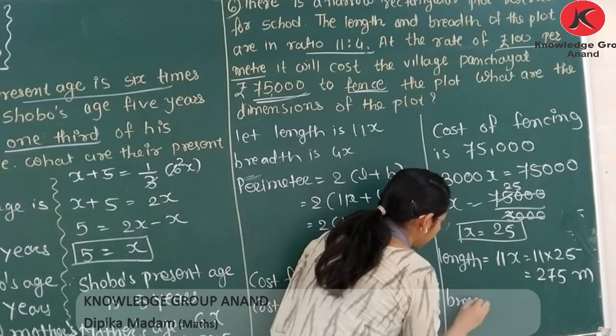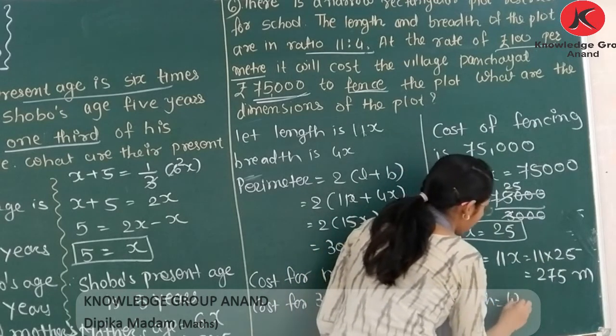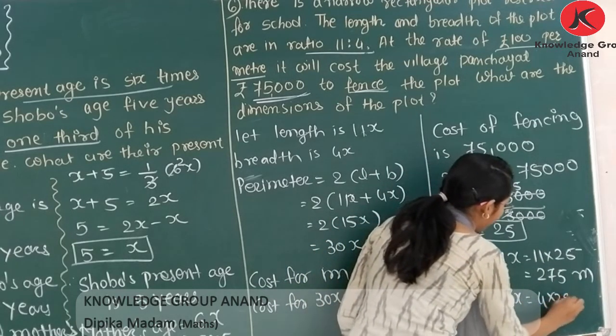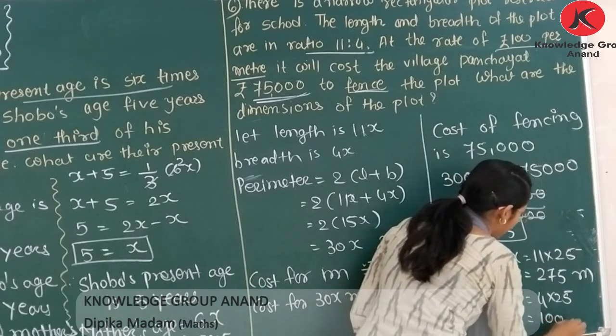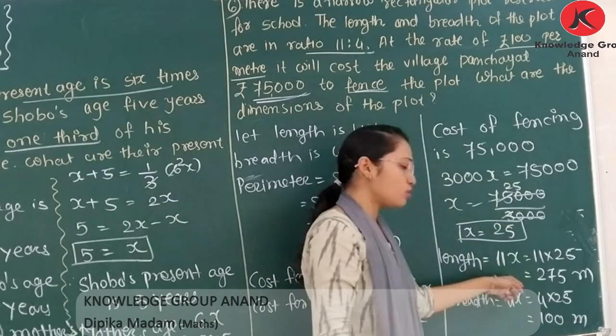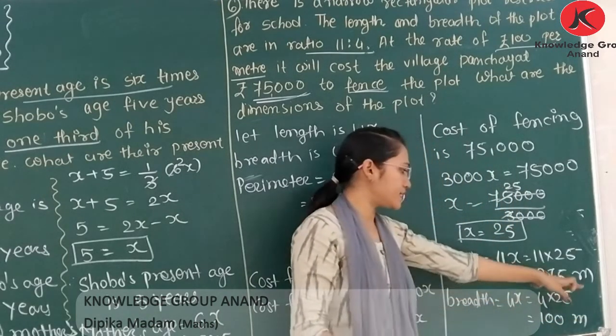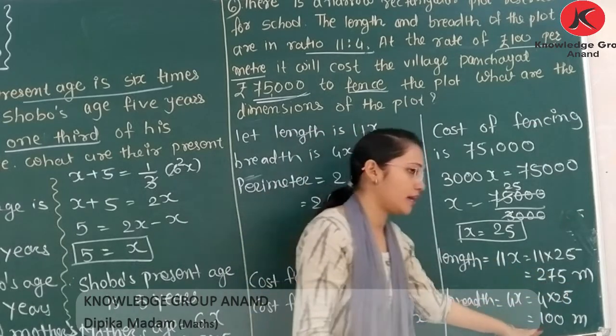Breadth, that is 4x, 4 into 25, that is 100 meter. That means the length of the plot is 275 meter and the breadth is 100 meter.